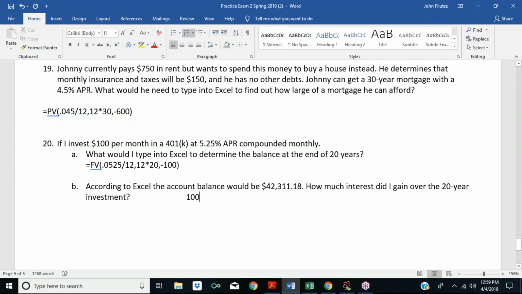If he was putting in $100 a month, 12 times a year for 20 years, that would be $24,000. And so we want to know how much would the interest be. It would be the amount that he had in the end, 42,311.18, minus that $24,000 that he put in, or she put in. And let's see what that is. A little over $18,000.